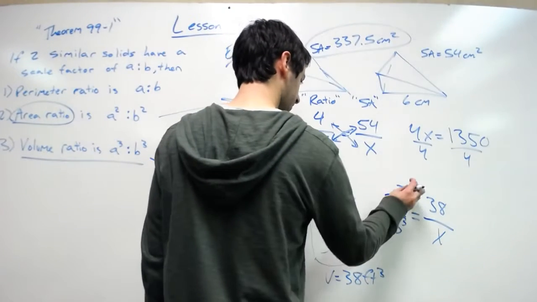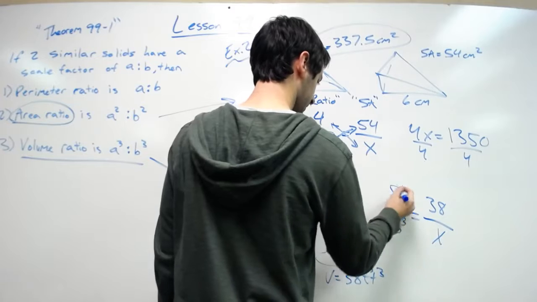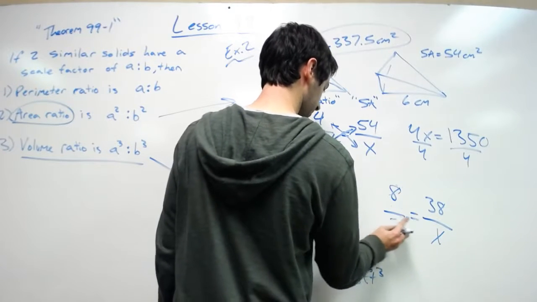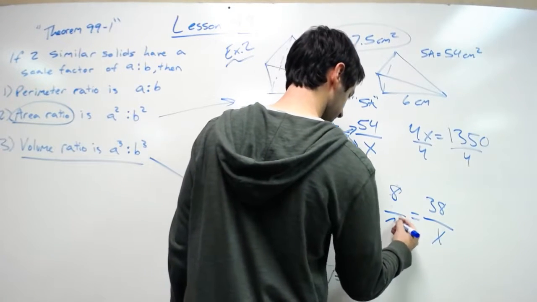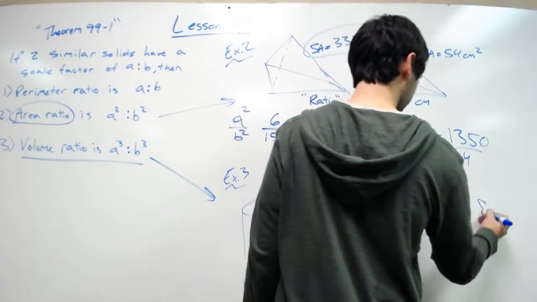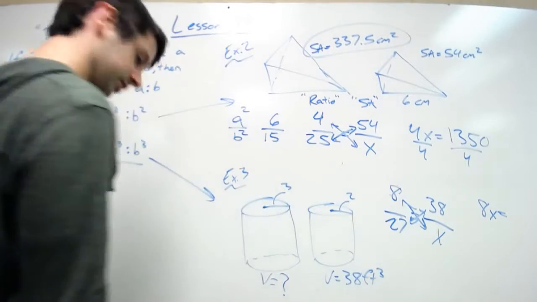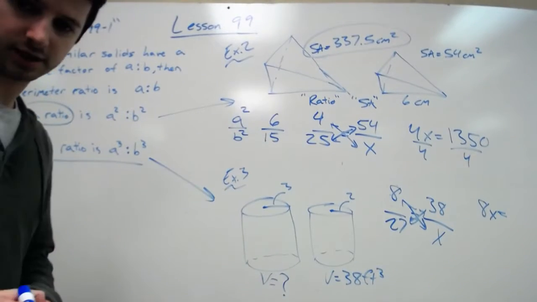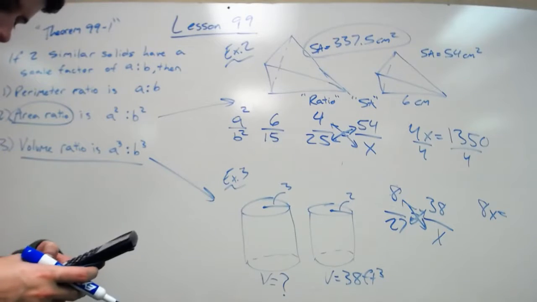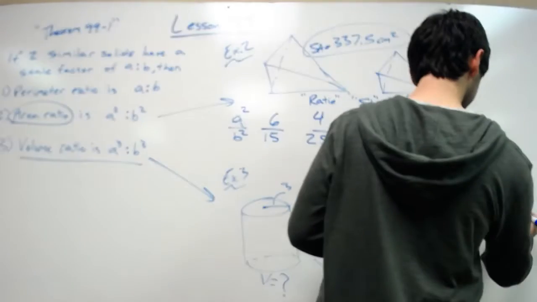2 cubed would be 8. Go ahead and solve for that. 3 cubed would be 27. So we multiply, get 8x. 27 times 38 is 1,026.